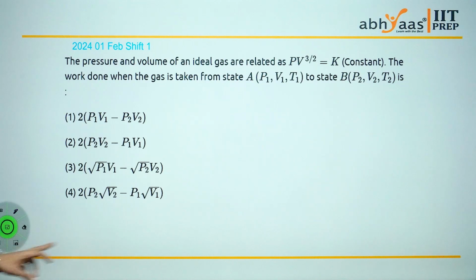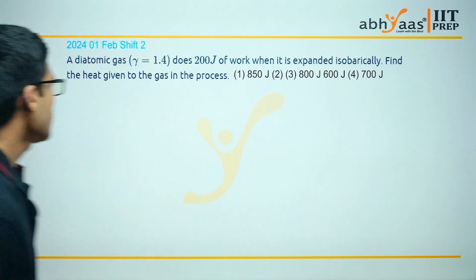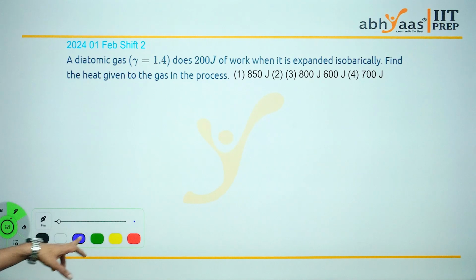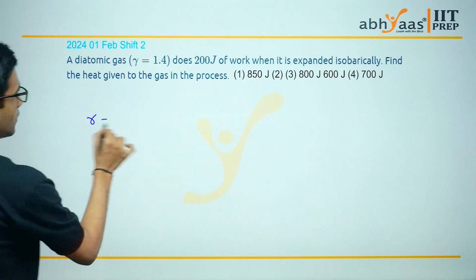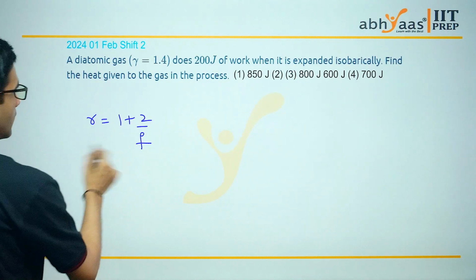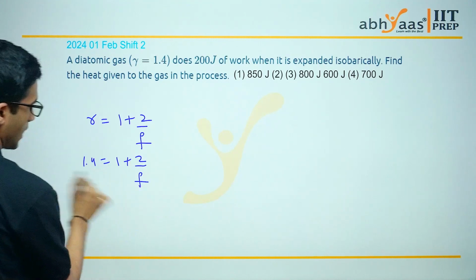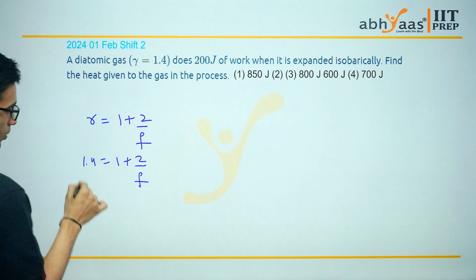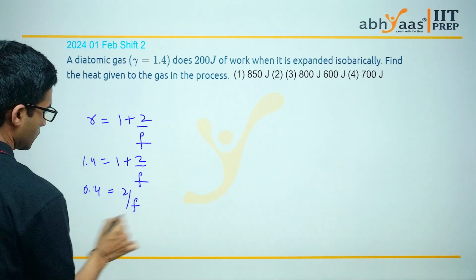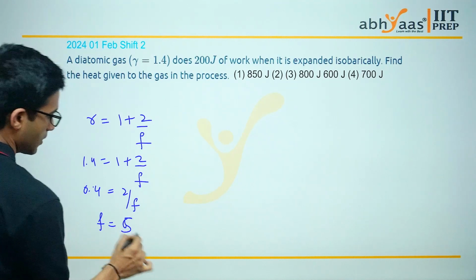Another question where we have to calculate the heat given in an isobaric process. Here gamma is given, so 1.4 equals 1 plus 2 by F. If you calculate, 1.4 minus 1 is 0.4, which equals 2 by F, so F equals 5.